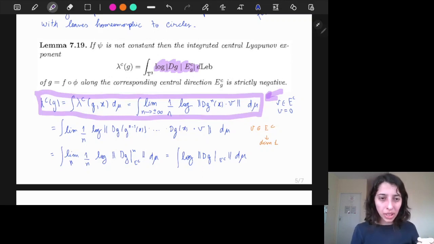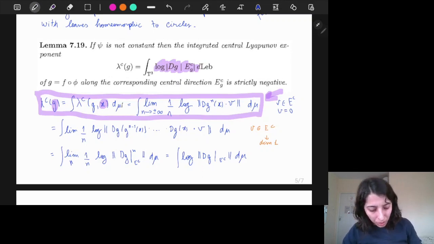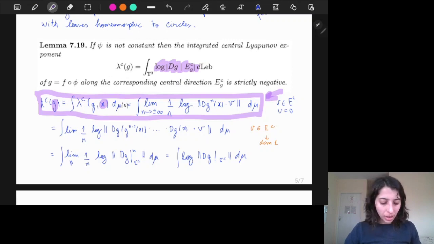To do so, we need to check the following. This integrated center Lyapunov exponent of G is given by the integral of the Lyapunov exponent of G at the point x, and we integrate it over x. And this is the integral of the limit of 1 over n log of the derivative of G to the n applied to a direction v that is non-trivial and is a center direction.